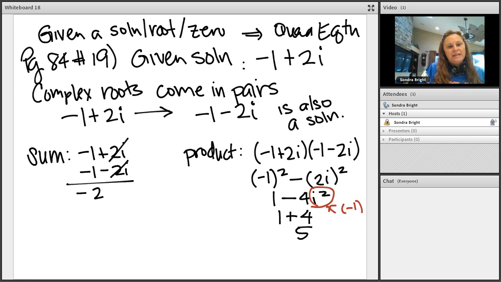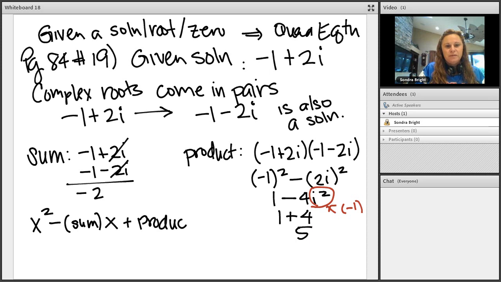You're going to plug that into x squared minus the sum of the two zeros or roots times x, and then plus the product of those two roots equals 0. If it's an equation, you should have an equal sign in your answer.